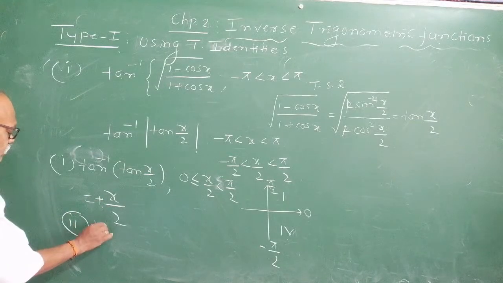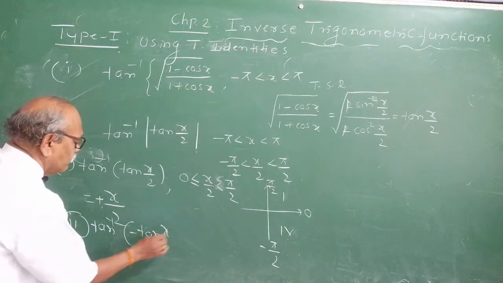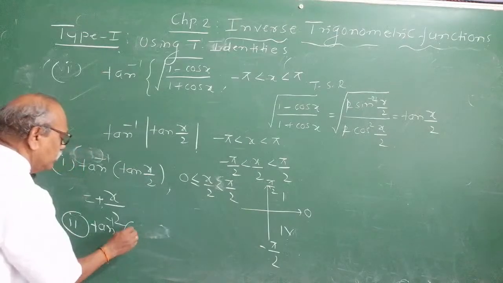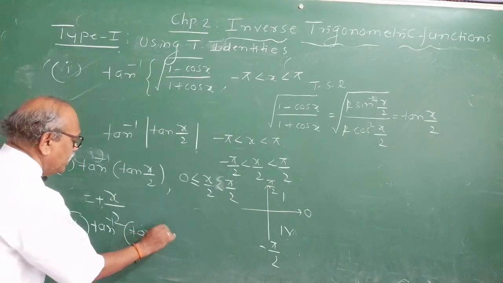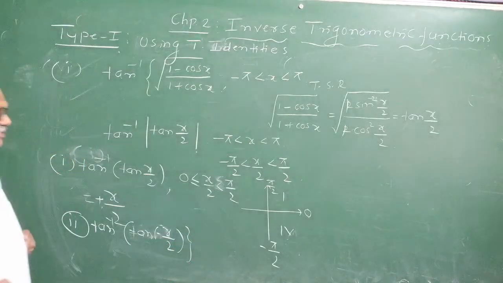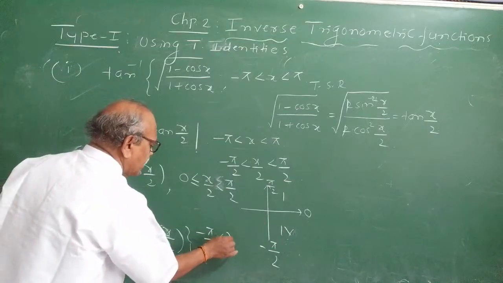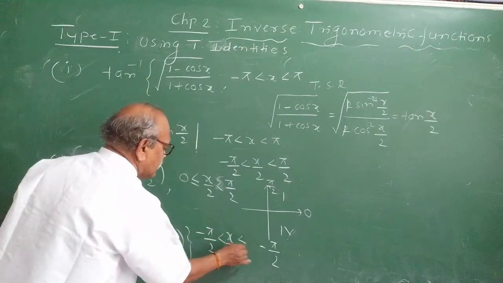The second one is tan inverse of minus tan x by 2, where tan can have negative values. Minus pi by 2 is less than x by 2 is less than or equal to 0.